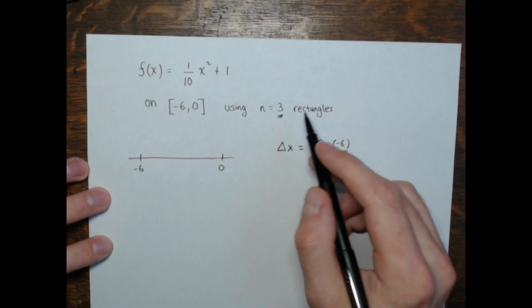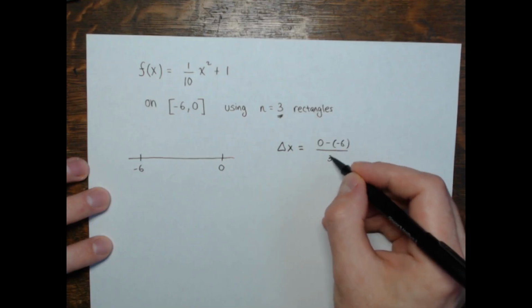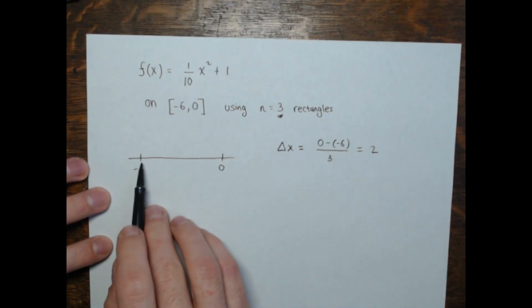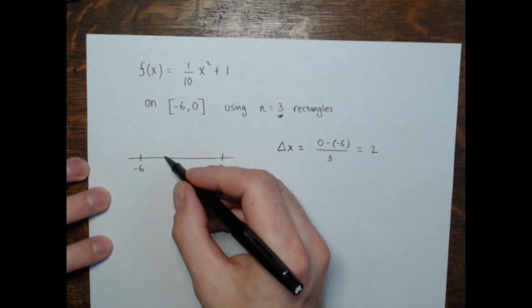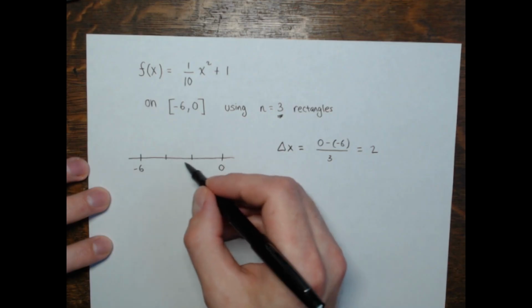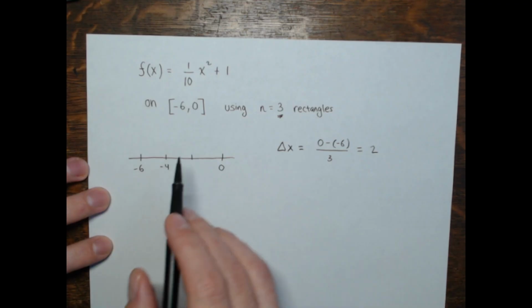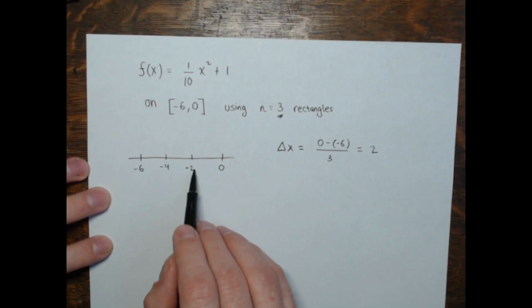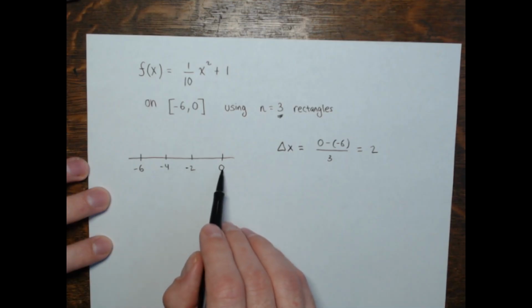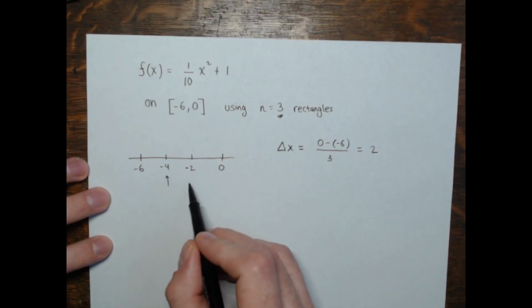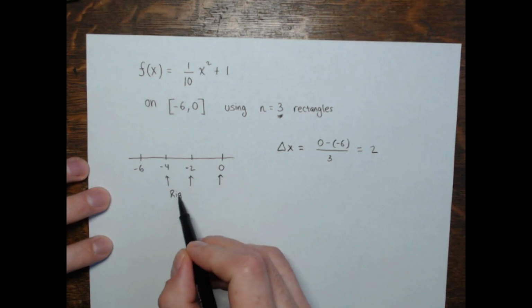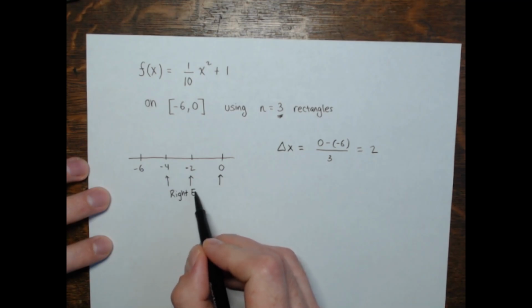I'm breaking it into 3 pieces, 6 divided by 3 is 2. So the first piece goes from -6 to -4 for a width of 2, then -4 to -2 for a width of 2, and -2 to 0. And then these are the right endpoints of each interval. And that's what they're asking me to plug in to get the heights.